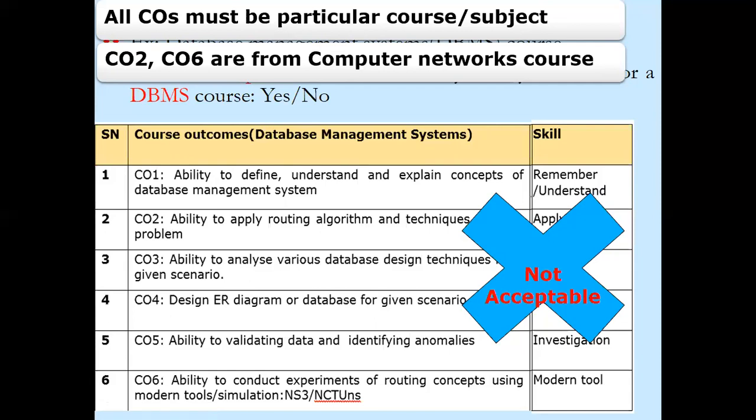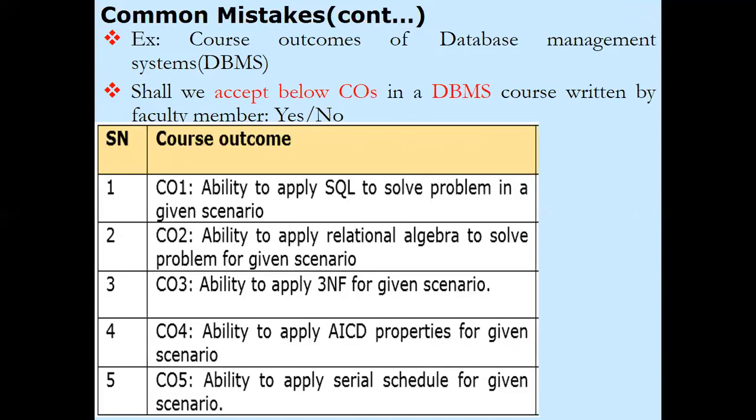Since you are claiming that these 6 course outcomes belong to the DBMS subject, but some of them are taken from computer networks. I already told you that whenever you write course outcomes, all of them should belong to that particular subject only. They should not be derived from multiple subjects. That's the meaning of that.